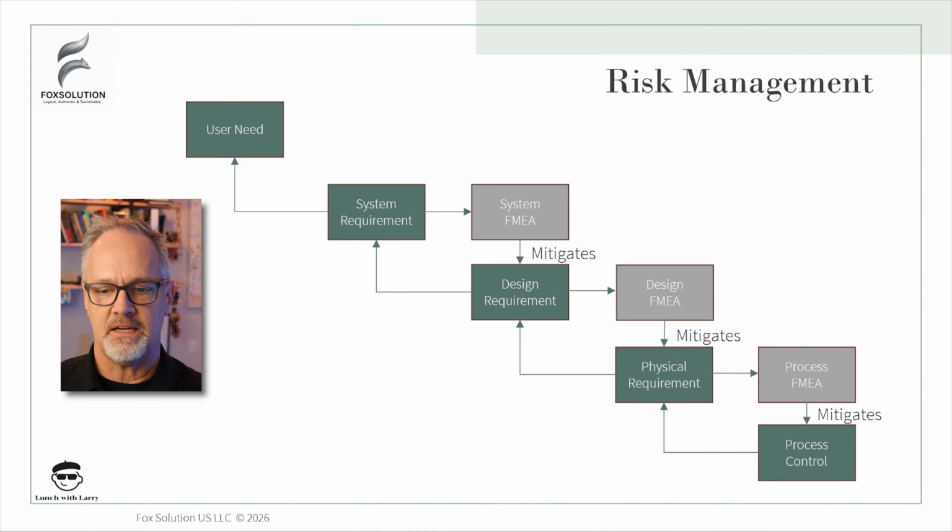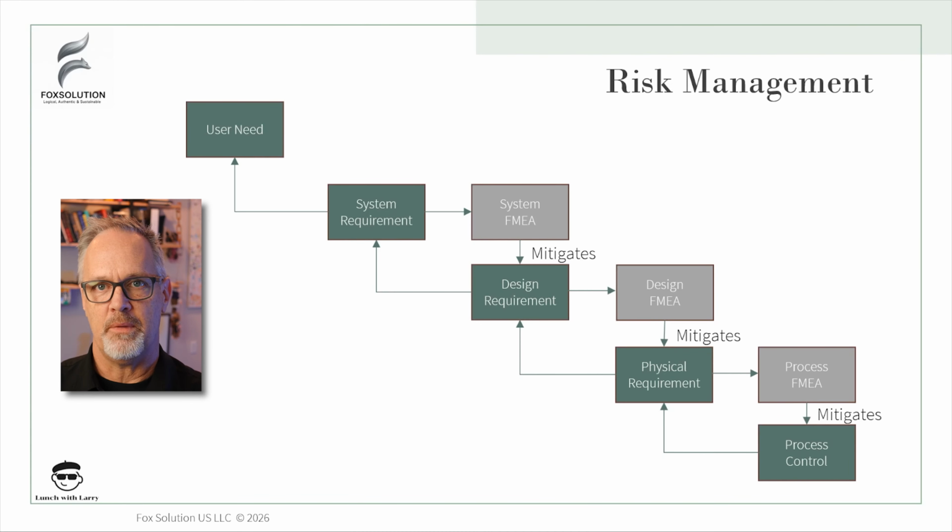And what the FMEA does is it analyzes the errors for root causes and then supplies a set of requirements that are the mitigation to those root causes so that we can assure that the system requirement at a higher level is met. So if you bake these in, what happens is the FMEAs have a place in the data model. So as you do your FMEA activity, you're enhancing your requirements and making them more complete.